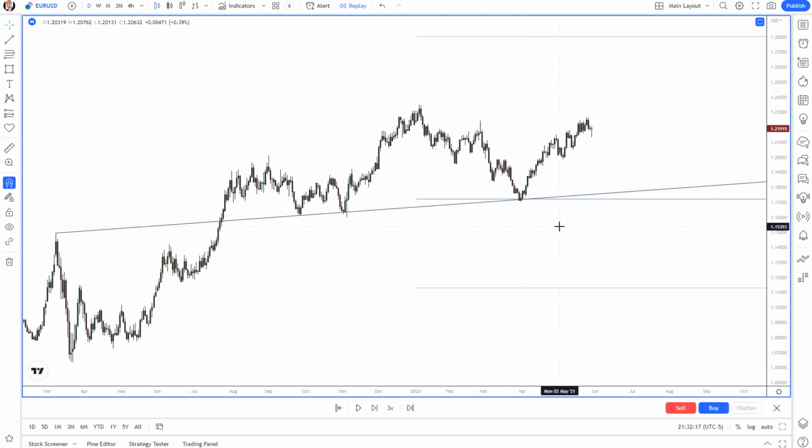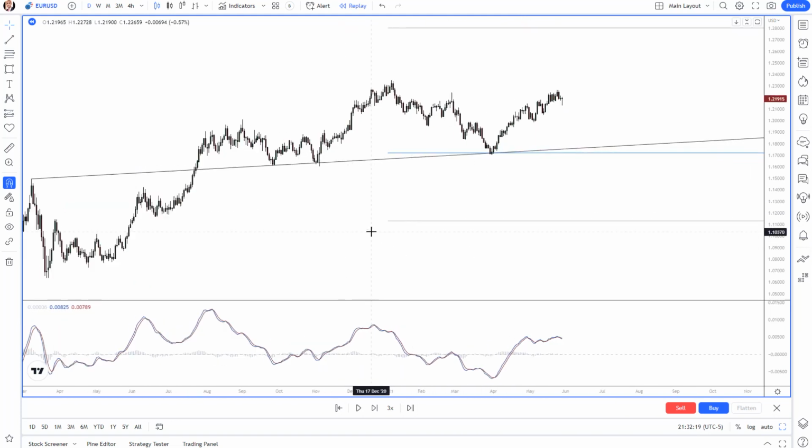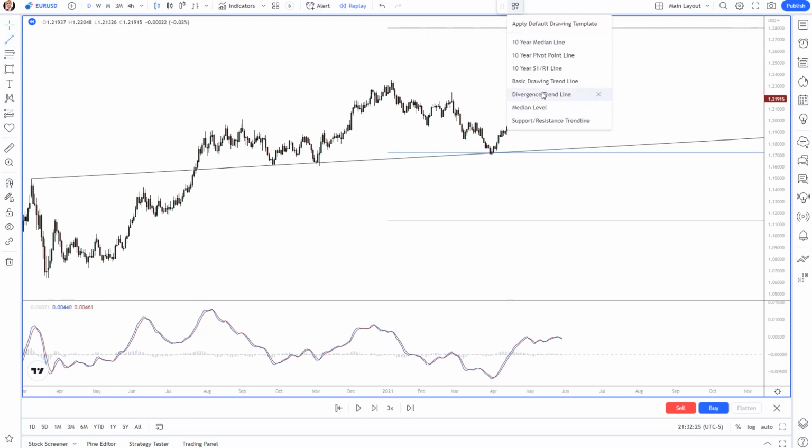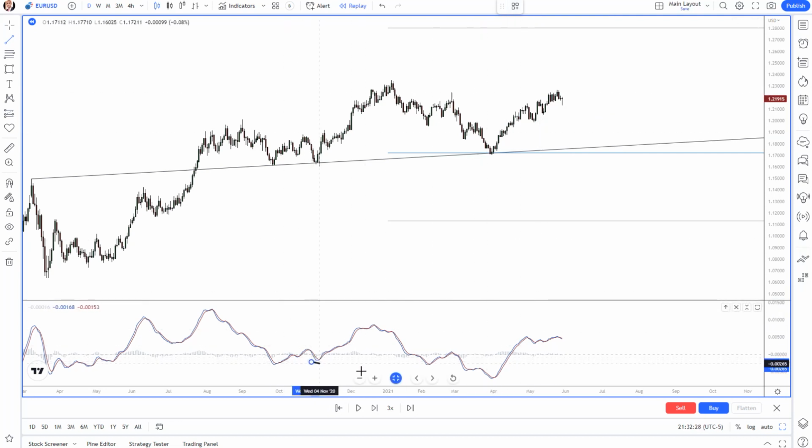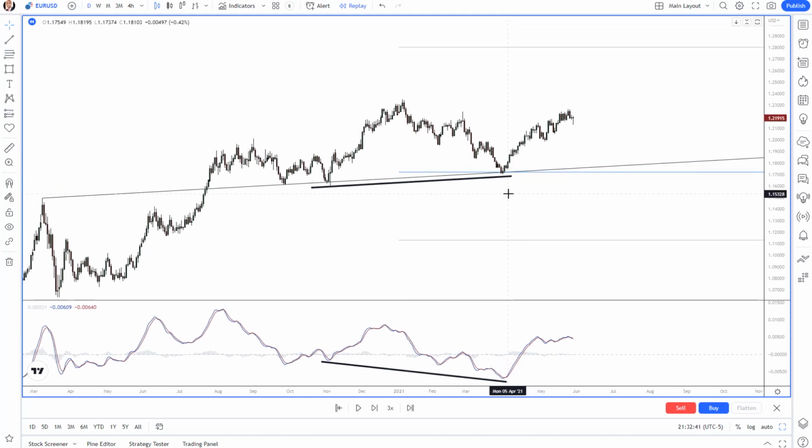Reason number two was something called hidden divergence. I call it trend continuation divergence, where the MACD is creating a lower low and price is creating a potential higher low, right? Because we never know if the market's going to stop there. We can only manage risk, see how it plays out and set our stop losses.